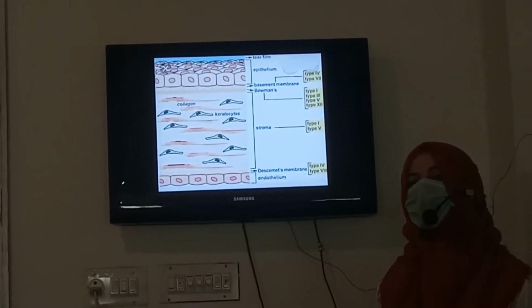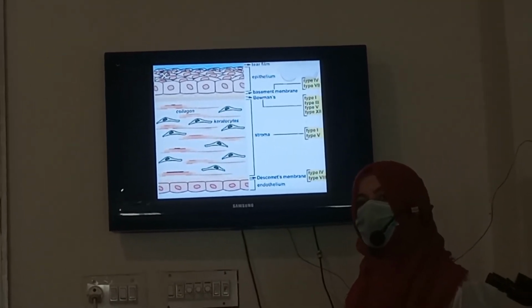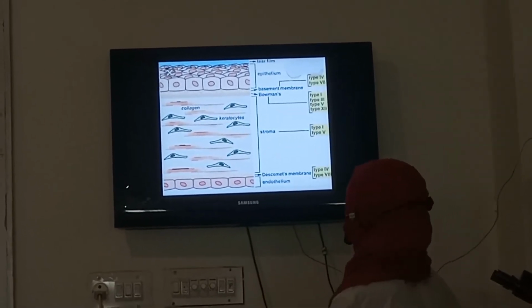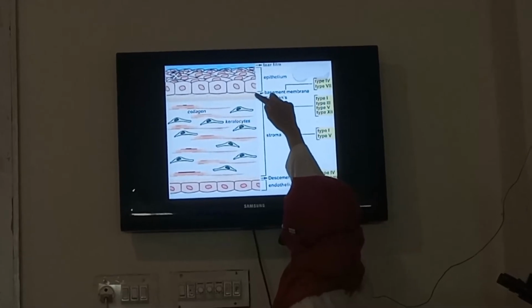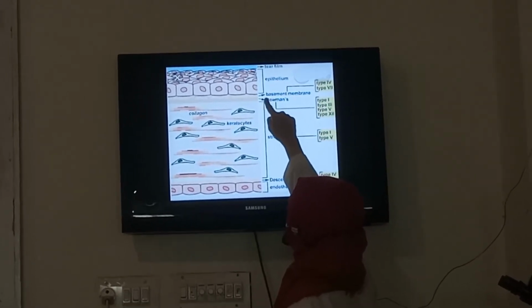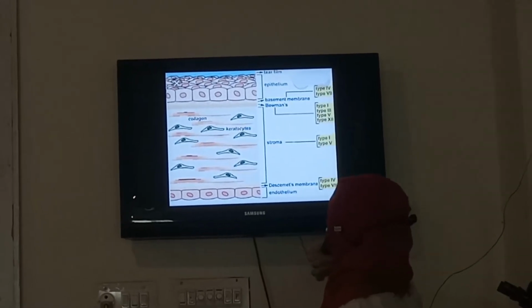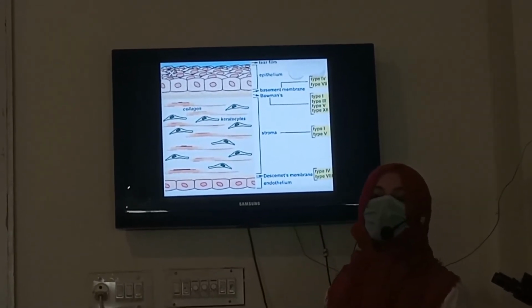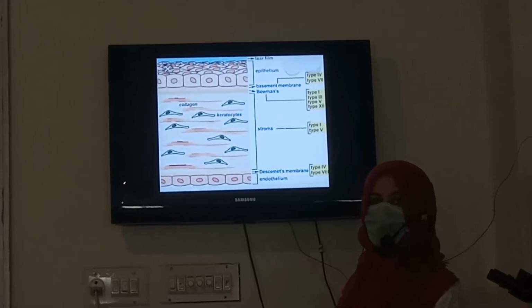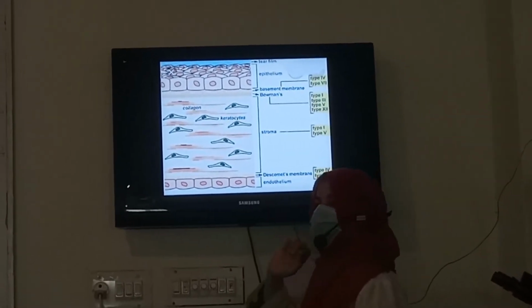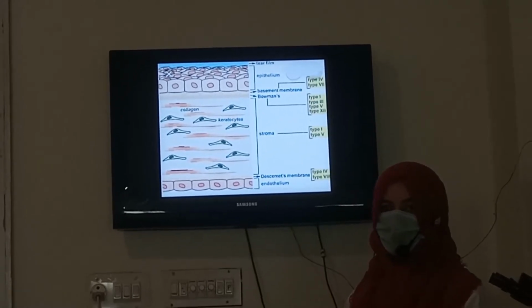But if there is an injury, as we learned, the renewal or mitotic activity is strong, so healing is very good. But if the tear crosses this first layer and enters the second layer of your cornea, called Bowman's layer or the anterior limiting layer, opacity will be the result.